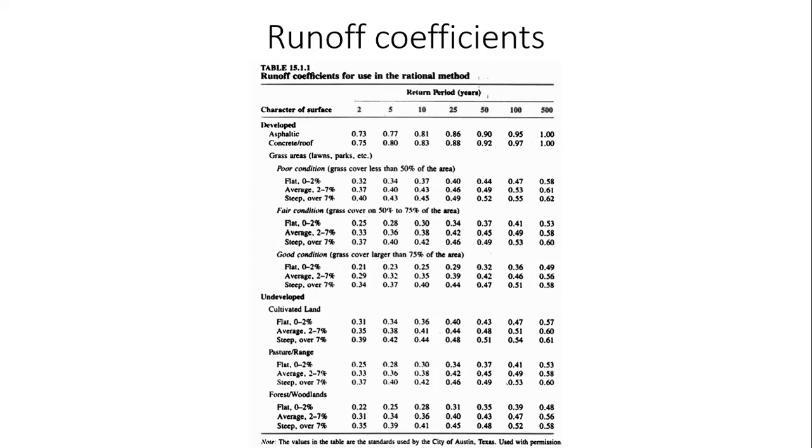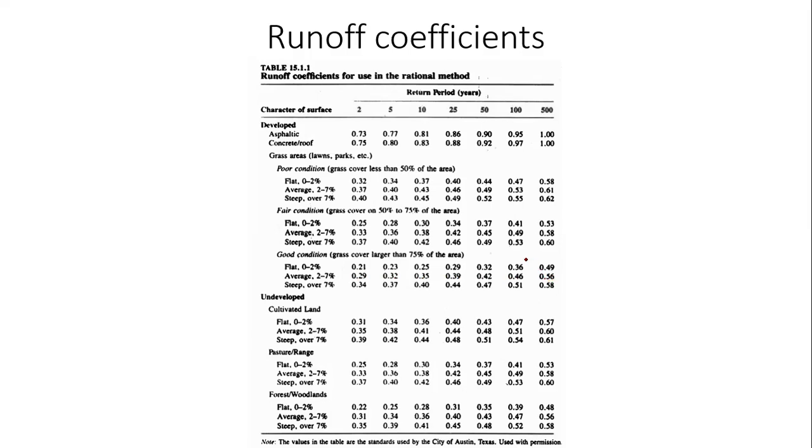High intensity rainfalls take more time. Okay. And if you notice, the runoff coefficient is increasing as the return period increases. You just pick any one of the rows randomly: 0.29 for a return period of 2 years, 0.32, 0.35, 0.39, 0.42, 0.46, 0.56.